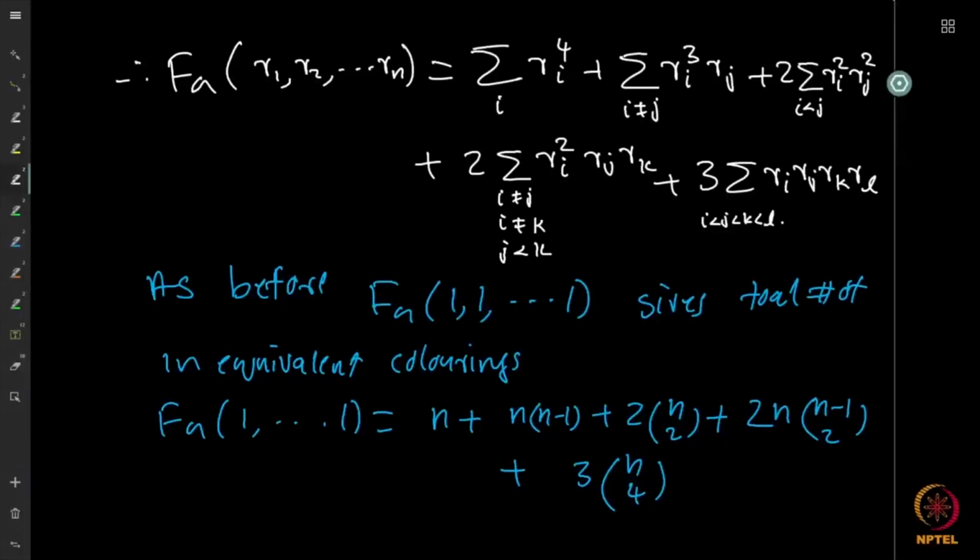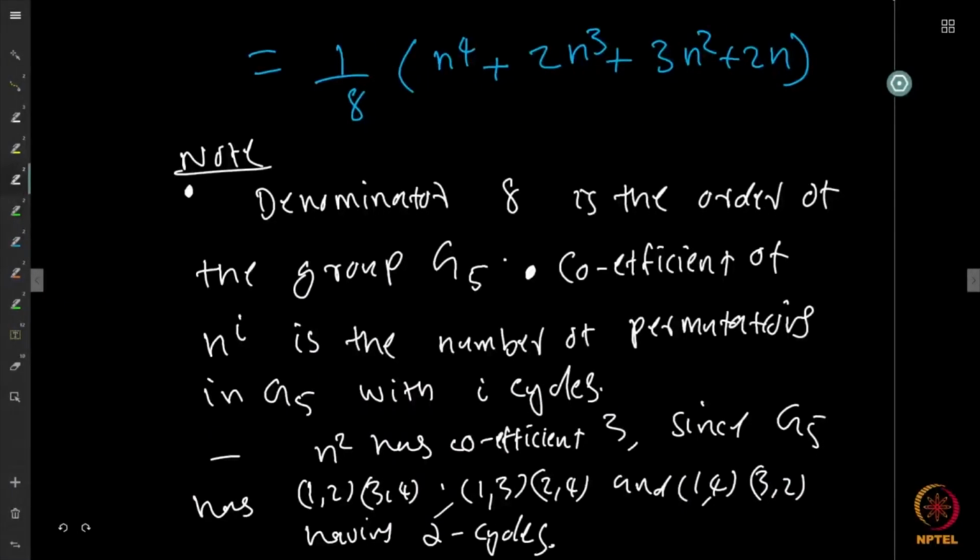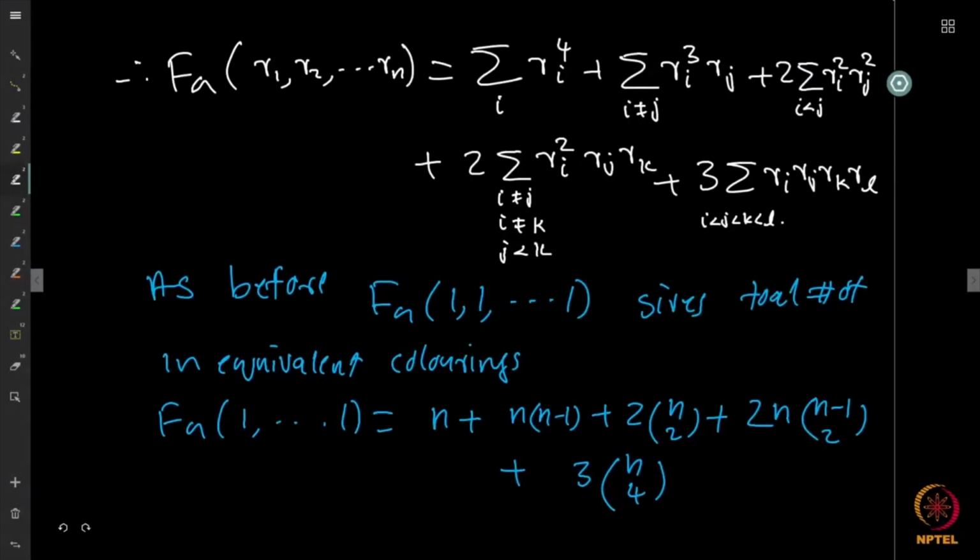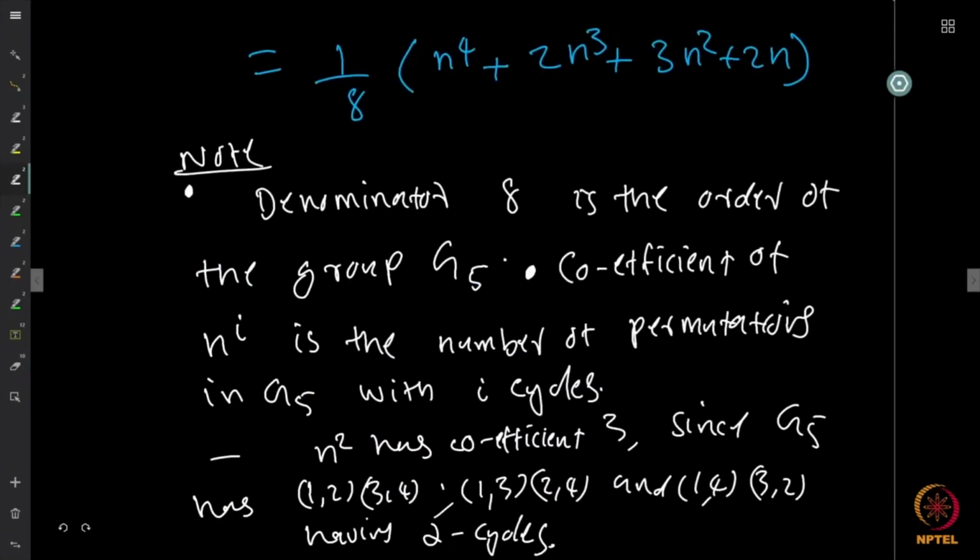If you simplify this, you will see that you can write it with this formula, and 1/8 comes out nicely. What we observe from here is that the denominator 8 is equal to the order of the dihedral group. The dihedral group has exactly 8 elements, and 8 happens to be the denominator, and it's not a coincidence. We will see later.